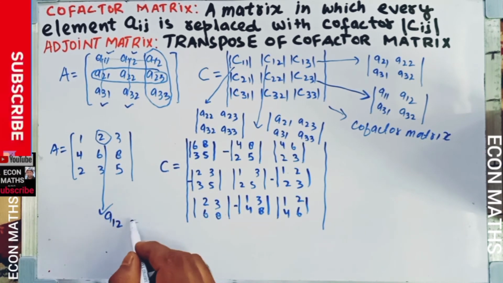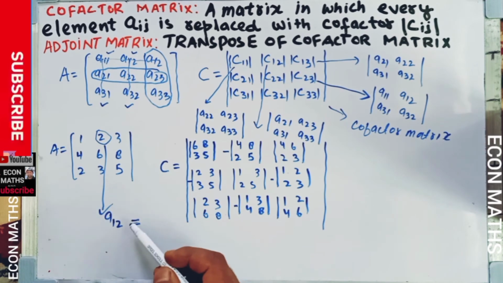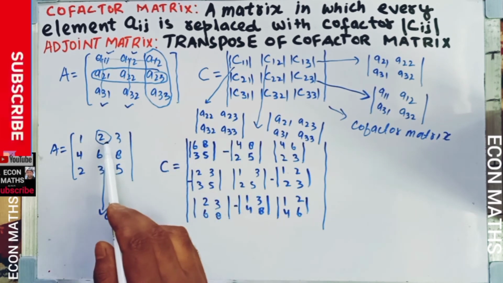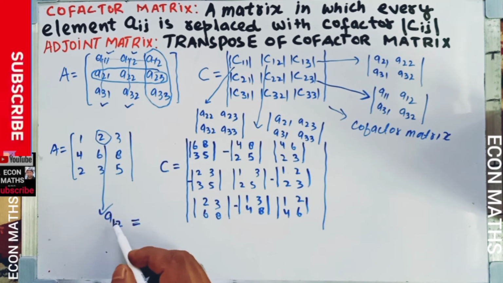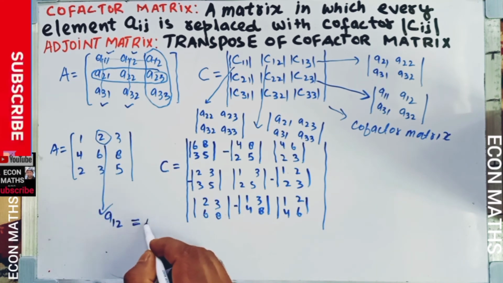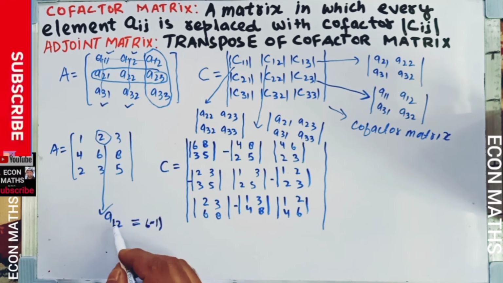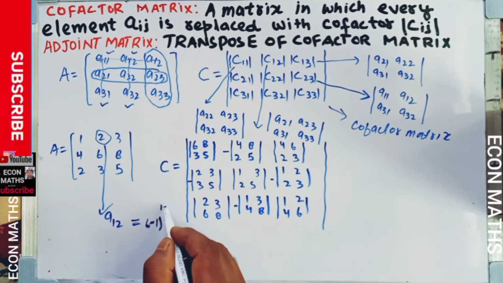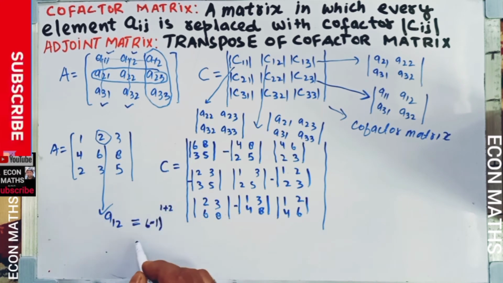Now the sign of this cofactor, that is the second cofactor, is equal to -1 raised to the power of the subscripts, that is 1 plus 2. Here this is -1 raised to power 3.